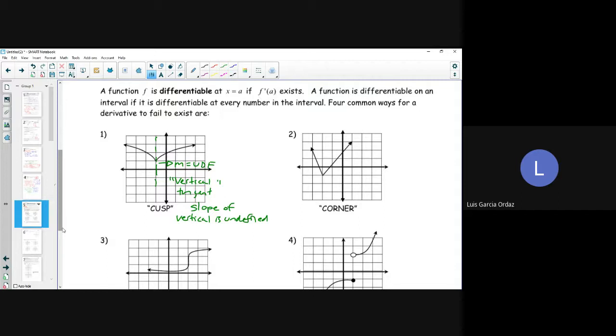Yep, it is, but there are some times where it's not differentiable. If it's not differentiable, that means the derivative fails to exist. And remember, with calculus we are always finding the slope of what? Curves, right? So what is the problem with number 2?